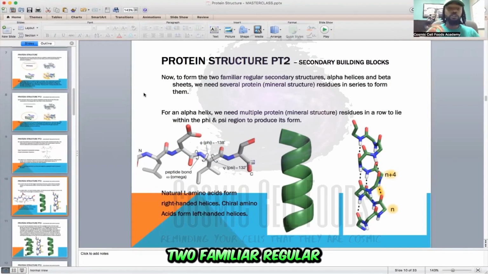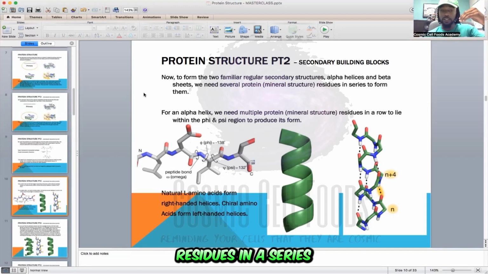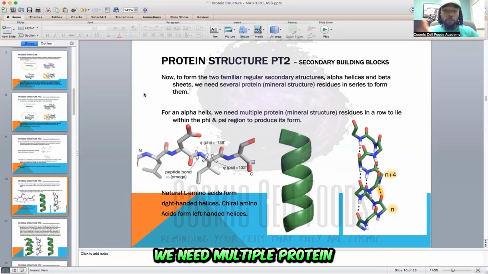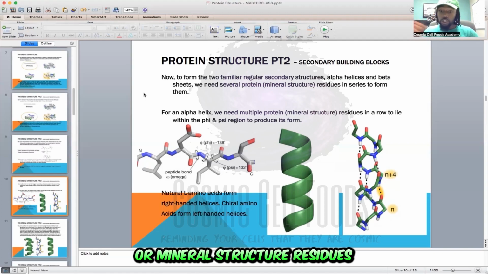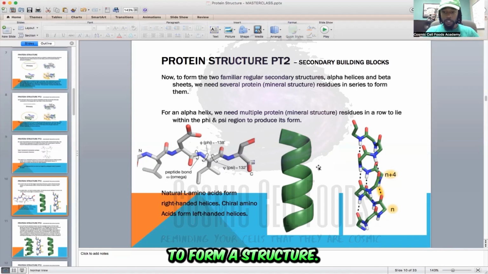Now, to form two familiar regular secondary structures, such as alpha helices and beta sheets, we need several protein or mineral structure residues in a series to form themselves. For an alpha helix, we need multiple residues in a row to lie within the phi and psi regions to form its structure.